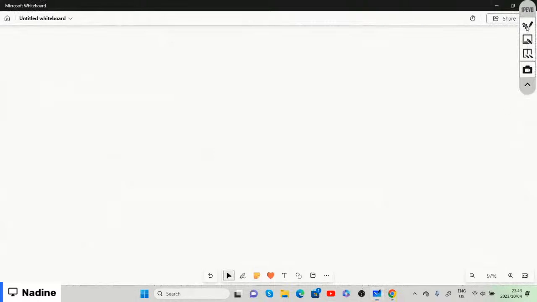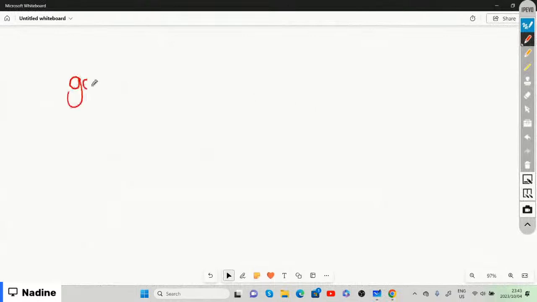Can you think of any compound words? Like maybe, for example, gold plus fish equals goldfish. Can you think of any other words, two words that we can add together to make one word?